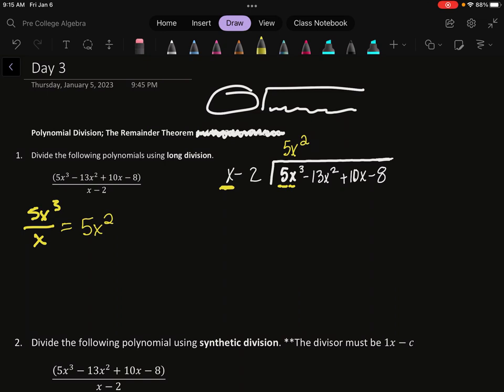And if we recall, back in the day, long division, we do this 5x squared times this, but we're also going to have to do it times the negative 2. So 5x squared times x is going to give us 5x to the third.